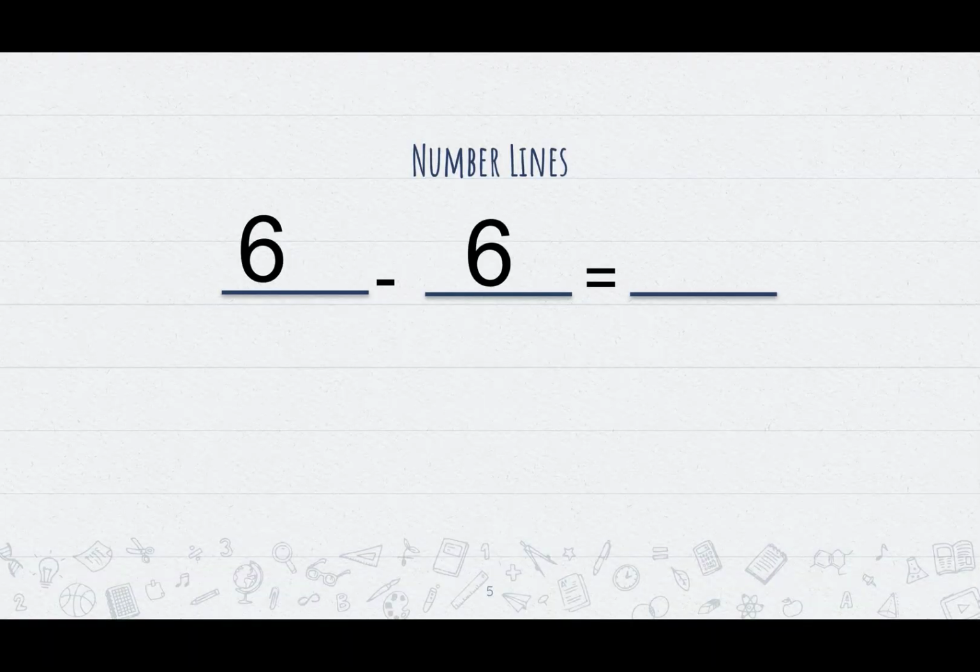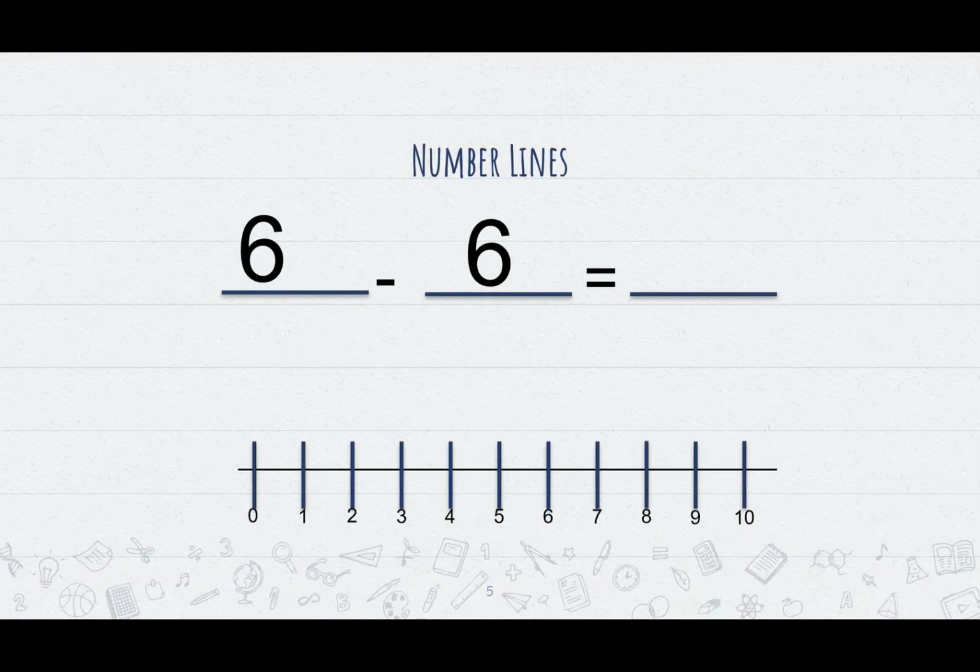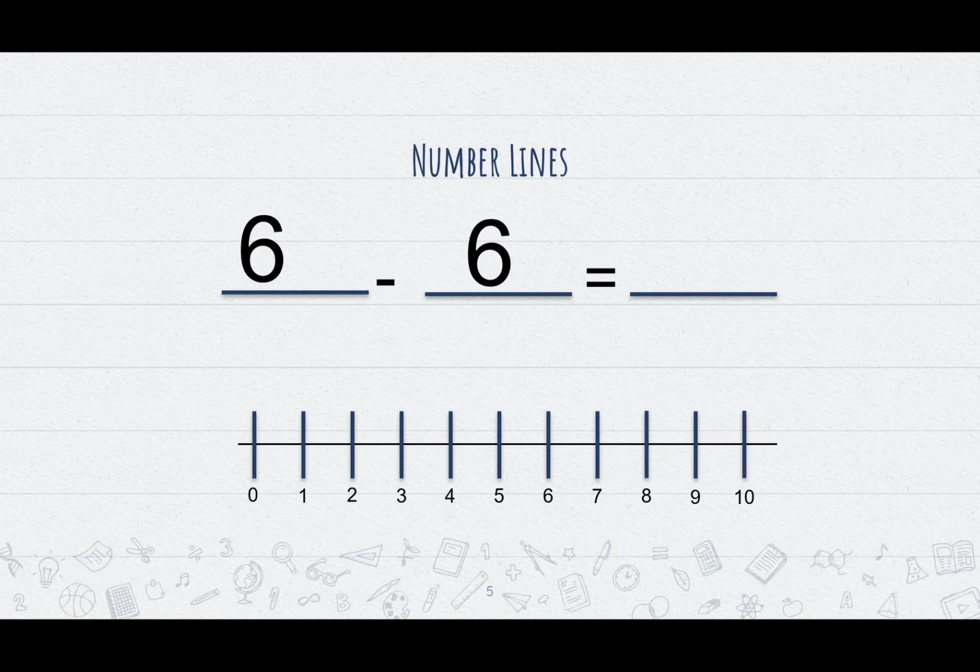Okay, now let's practice some subtraction again. Remember, when we're subtracting on a number line, when we see our minus sign, we know that we're going this direction on our number line because we're getting smaller. We're taking away. So we're going to start at this number 6. So we go 0, 1, 2, 3, 4, 5, 6. And then we're going to go 6 hops backwards. We're not going this way.